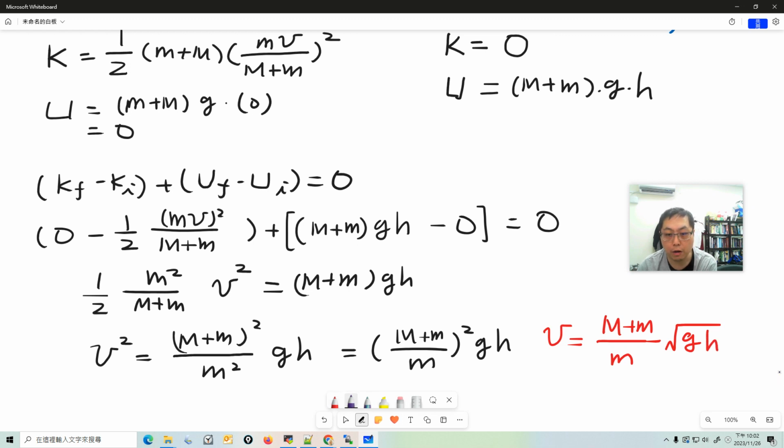That's why I say in the experiment, by measuring h, you will get the velocity. This is the measurement. By measuring h, you will get the velocity, because capital M, small m and g are all given. It's all known information.